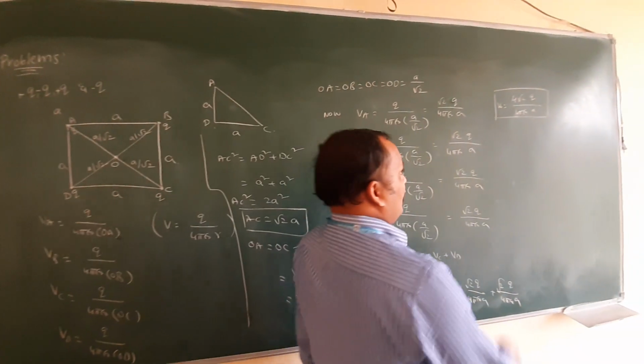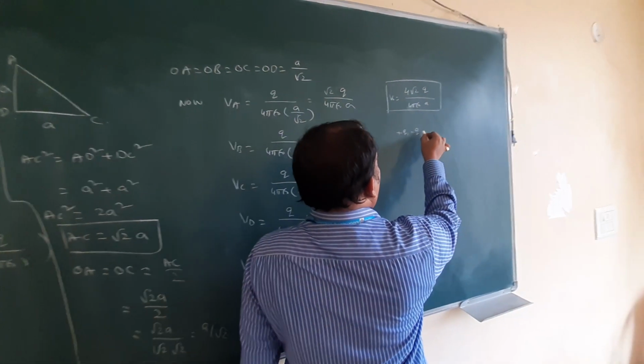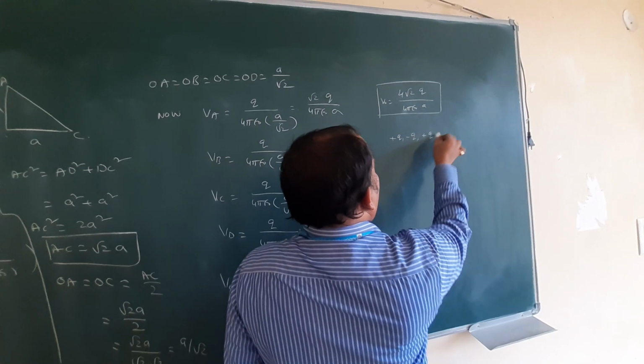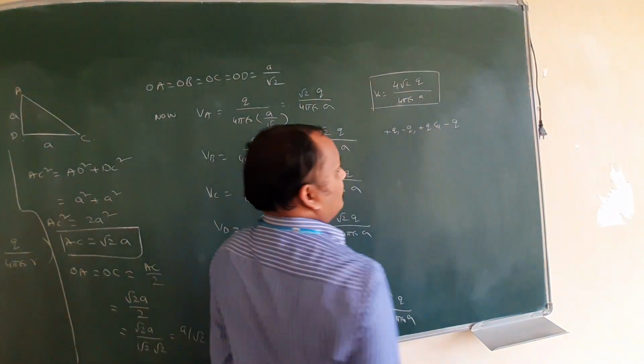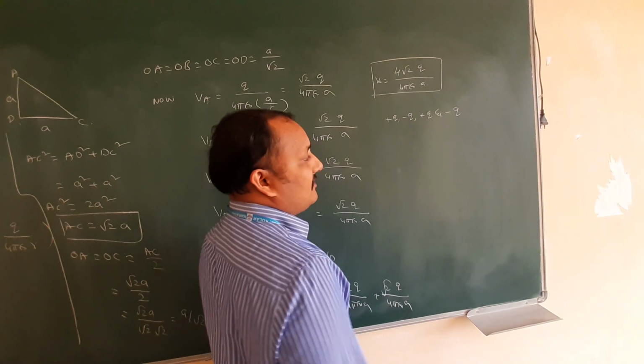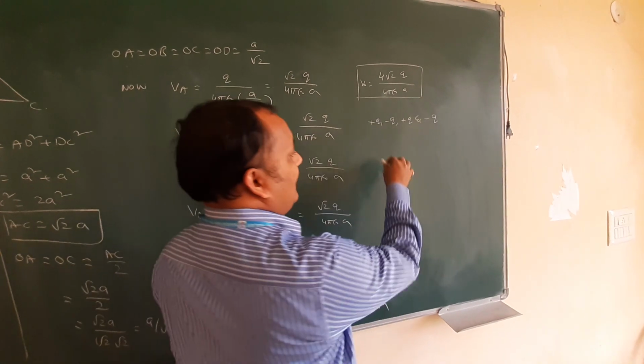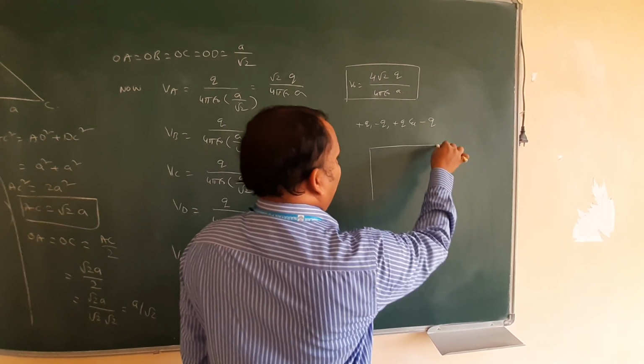Now you will see here. So now 4 charges, plus q, minus q, plus q and minus q. Now I am placing again 4 charges but equal and opposite charges. 2 charges positive, 2 charges negative, are placed at 4 corners of a square.